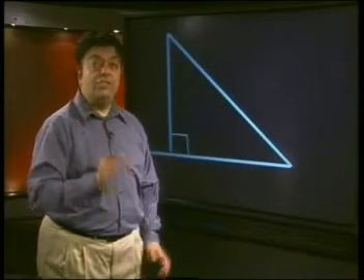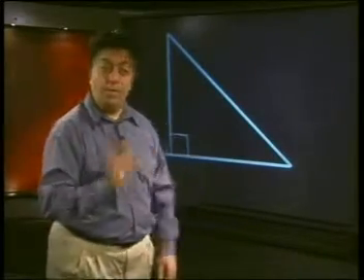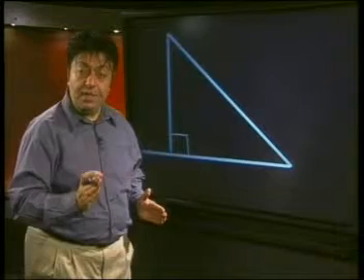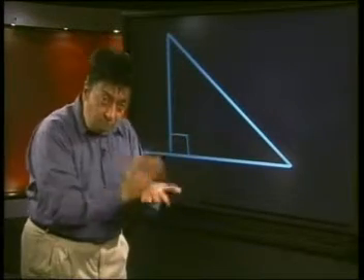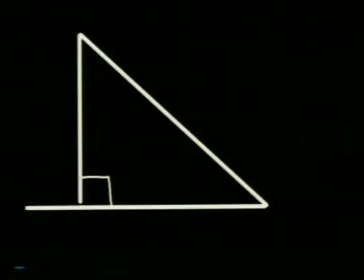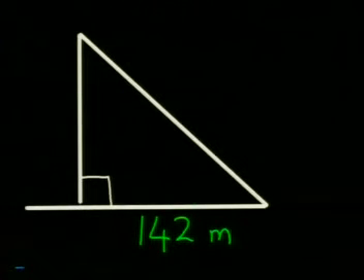The bridge is 284 meters long, and we know that the north pylon is halfway across the bridge. So this side is 142 meters, and the angle from the start of the bridge to the top of the pylon is 17 degrees.